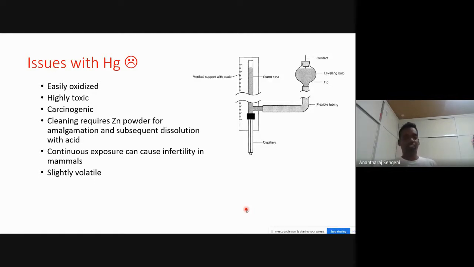So these are something that we need to worry about. And the main thing that can lead to this issue is its volatility, because mercury is slightly volatile, and that volatile mercury can be easily inhaled even without our knowledge. So it is a highly dangerous metal to work with.